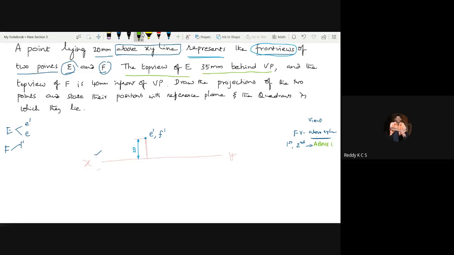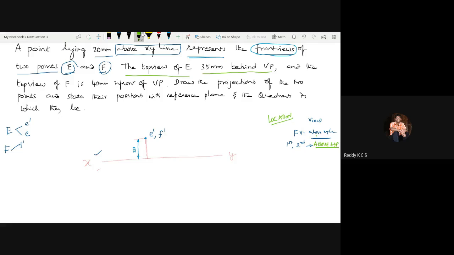That is one statement, because I need to find out where it is located. So location first we need to identify here. When the front view lies above XY line, obviously the location is above HP only. When the point is located above HP, then only the front view will come above XY line.